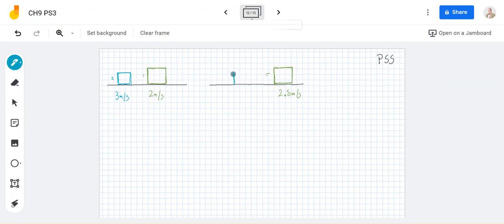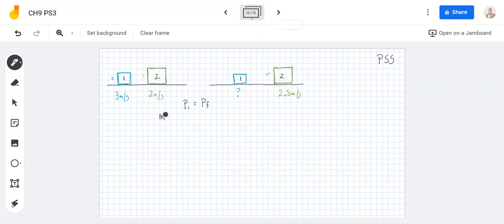This is a pretty standard conservation of momentum problem. Hopefully we can figure this one out. So we don't know the speed here. But what do we know? We know that the initial momentum has to be equal to the final momentum. So, can we call these 1 and 2?